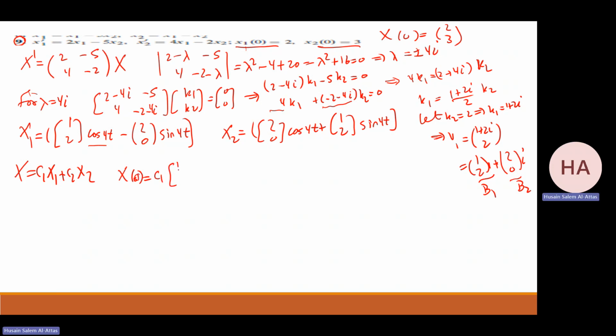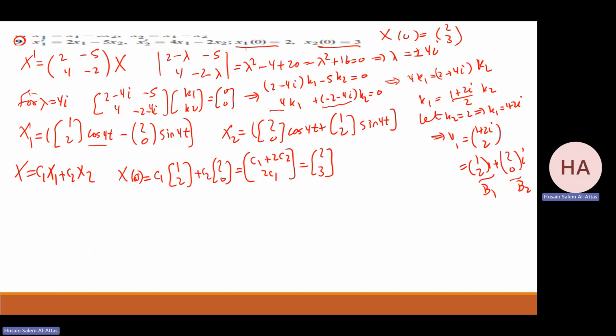I have C1 times 1, 2 plus C2 times 2, 0, which is C1 plus 2C2 and 2C1. And that should equal 2, 3.